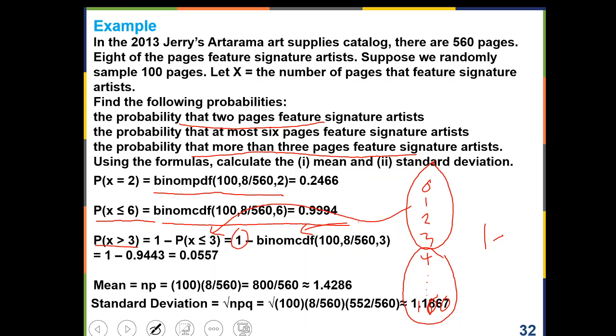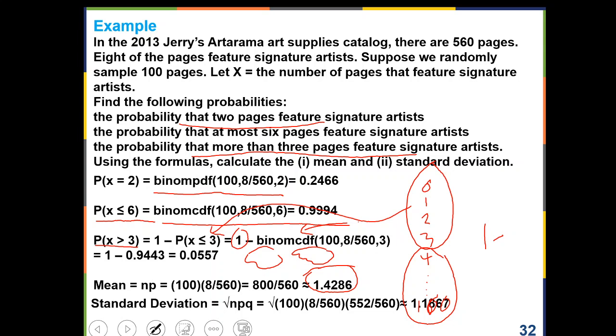And it says, what is the mean of this? The mean would be 1.4. So that means if you keep going to this book 100 times, and you do it many, many times, that means today you go to it 100 times, and then tomorrow you come back and go to it 100 times.